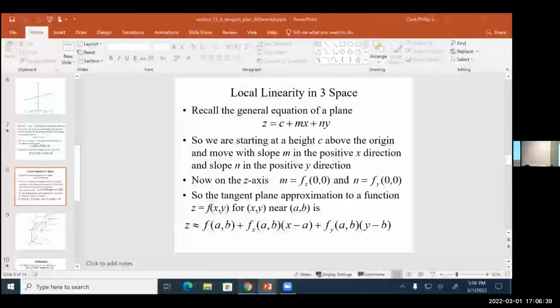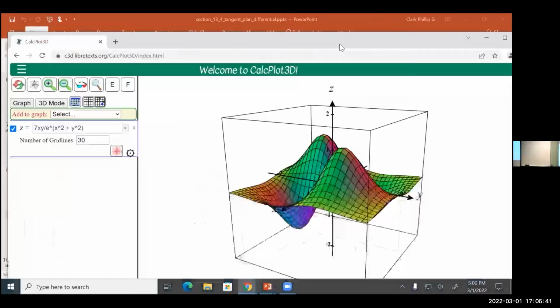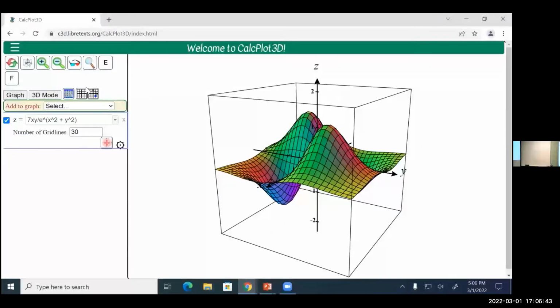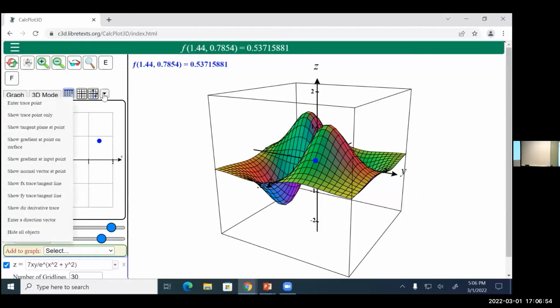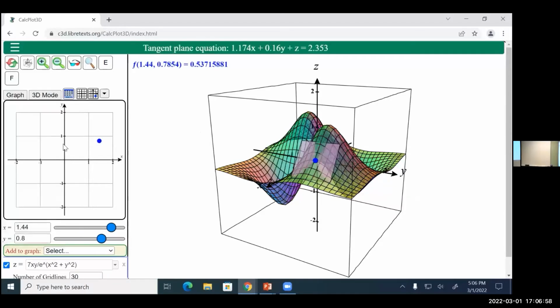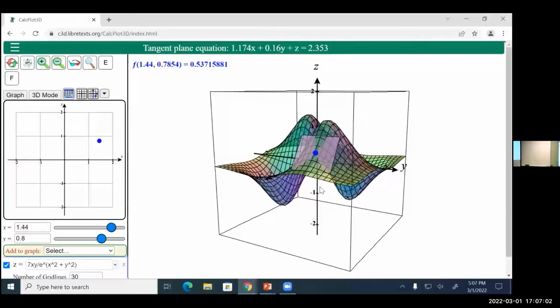So if we bring up a function in CalcPlot3D, we put on a point here, so you can see my little blue point going along. I can have CalcPlot3D add a tangent plane for me. You can see the tangent plane right here at that point.